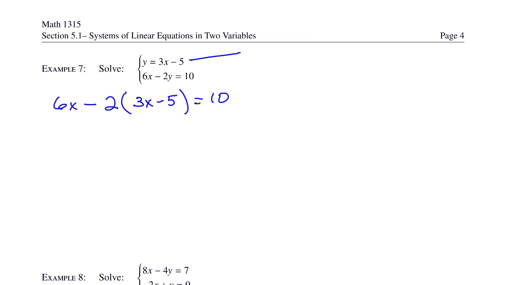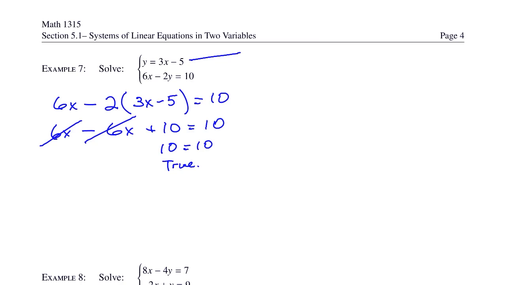Solve this equation. So we get 6x minus 6x plus 10 equals 10. And the x's cancel, and we get 10 equals 10, or if you want to subtract 10s, you get 0 equals 0, whatever you want to do. Either way, this equation is true. When you have an equation that is true, that means it works for all x.